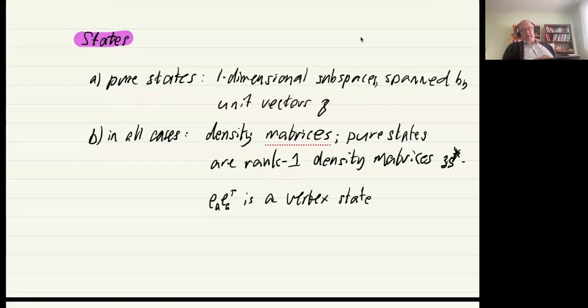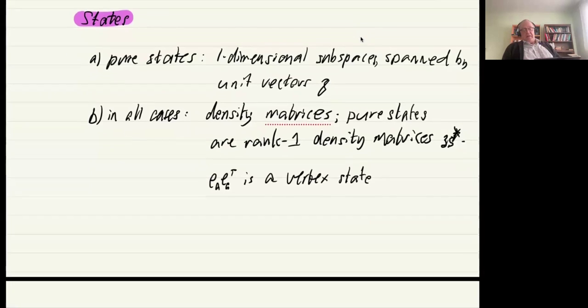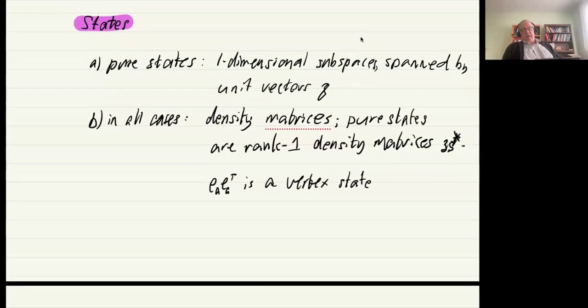The advantage of density matrices is that if I replace Z by some complex number of norm 1 times Z, it doesn't change the projection. And this gets even better when you're dealing with 2-dimensional and 3-dimensional subspaces, so that when you get to that situation, you're more or less forced to use the projections and density matrices.